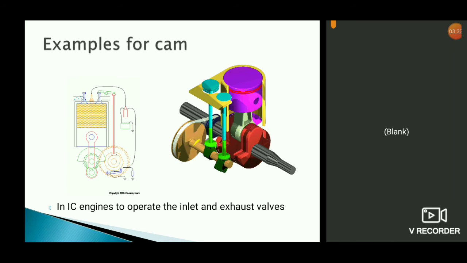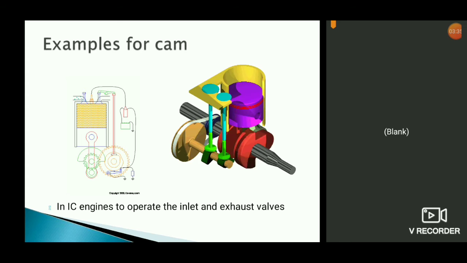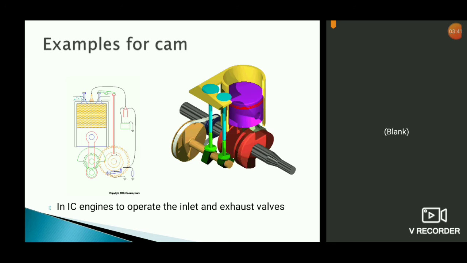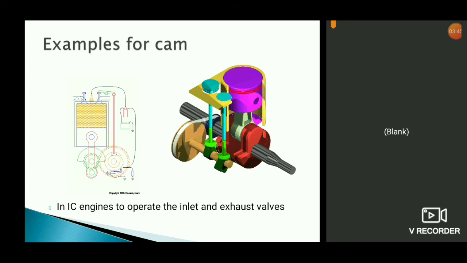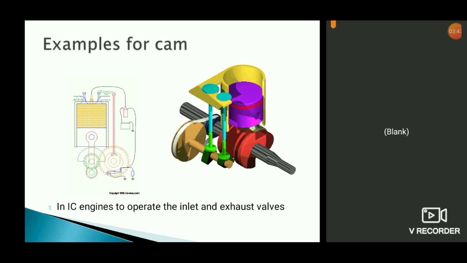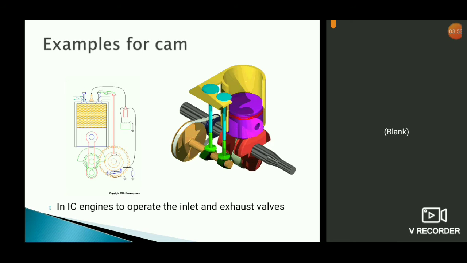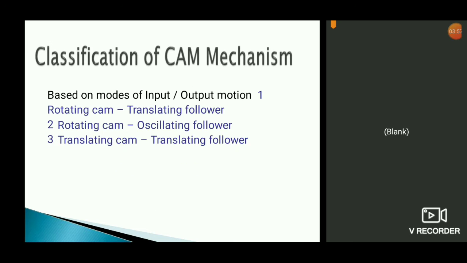Based on that we will decide the cam. In this module we are going to study that, because in the upward motion the follower should move by some amount, and in the downward motion the follower should move by some amount. Based on that we will design the cam profile. Designing of the cam profile is what we are going to see in this.